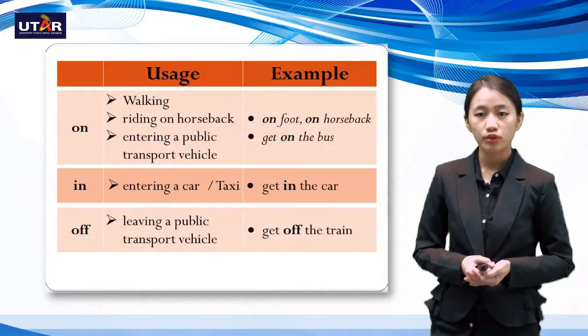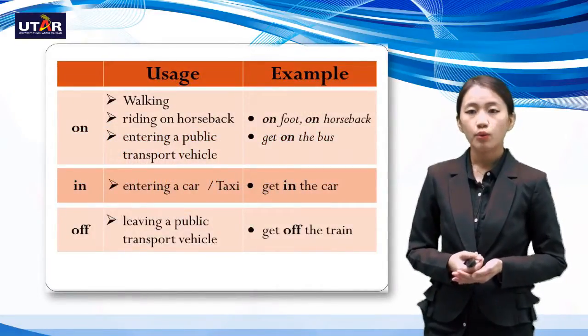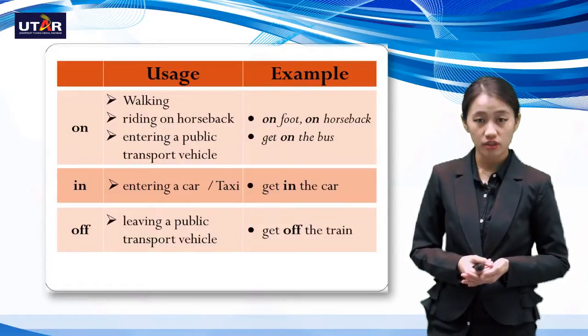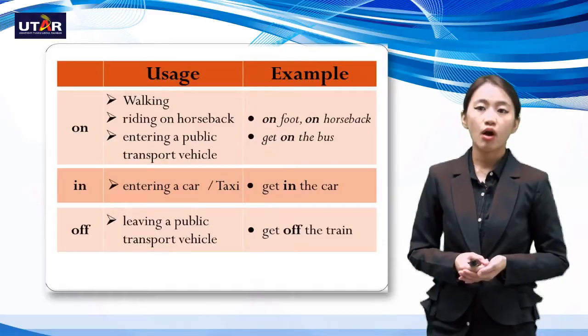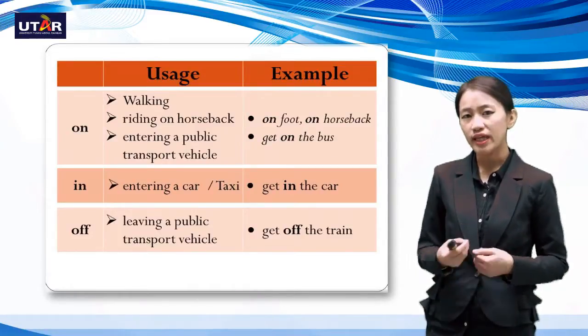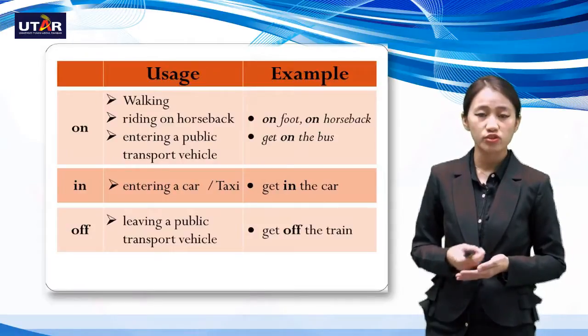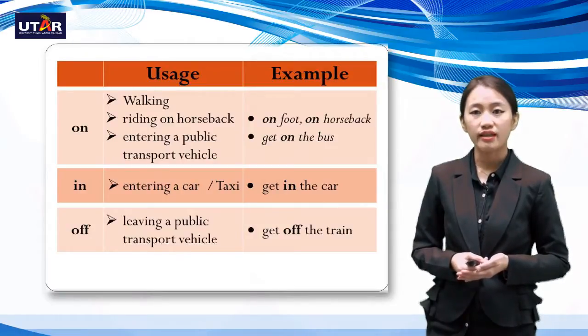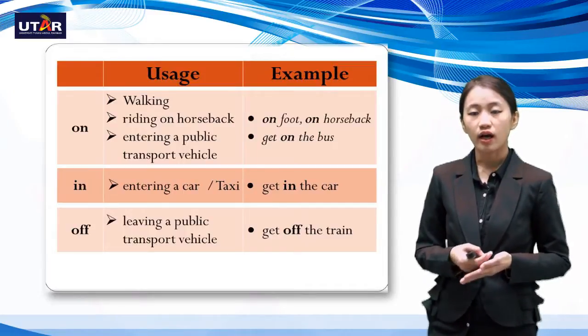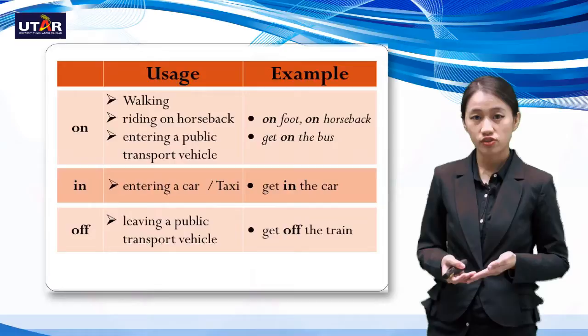On can also be used in terms of walking, riding on horseback, entering a public transport vehicle. So for example here, on foot or on horseback. So when relating to moving from one place to another, right, you would say, how do I go from point A to point B? I'll go on foot, right?